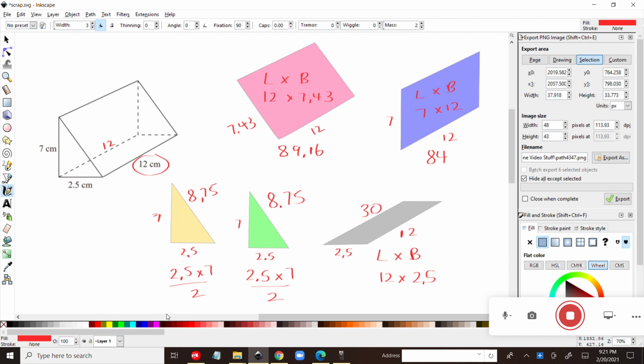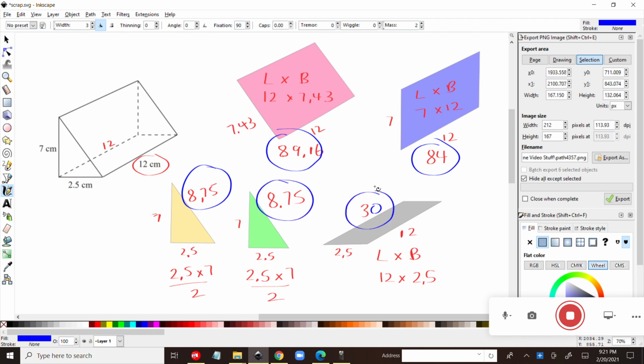So all we need to do now is just add up 1, 2, 3, 4, and 5. And that will be our final answer. Well, you could probably do it with me. 89.16 plus 84 plus 8.75 plus the next 8.75 plus 30.